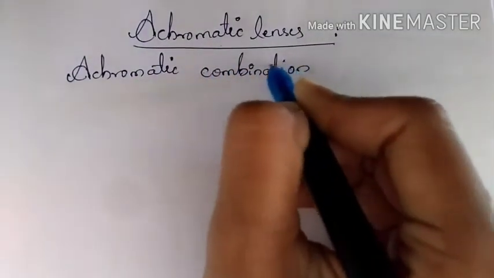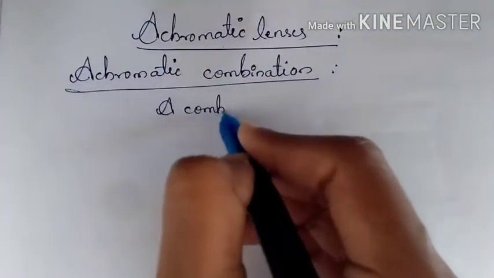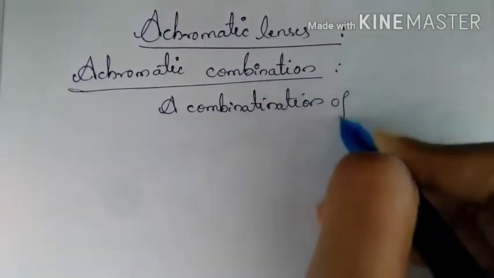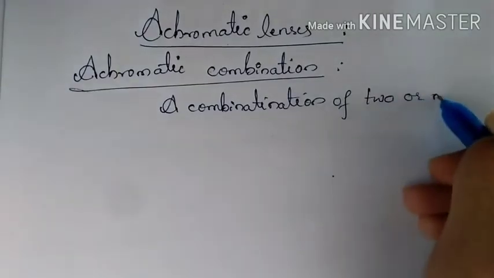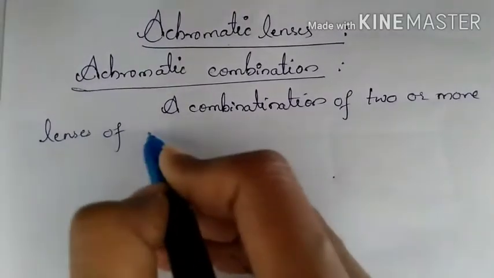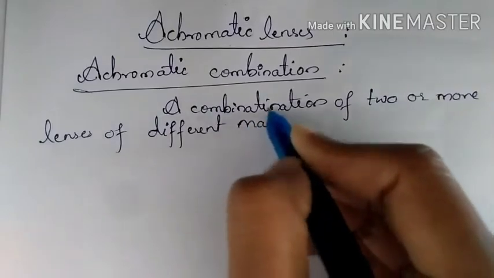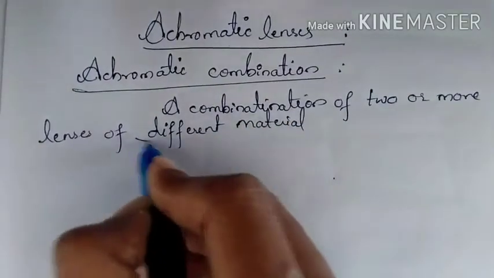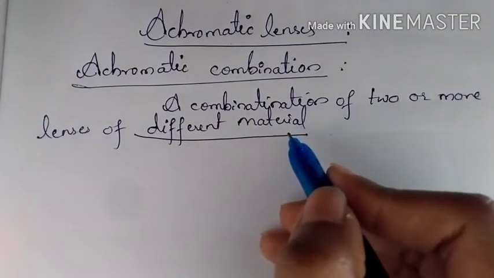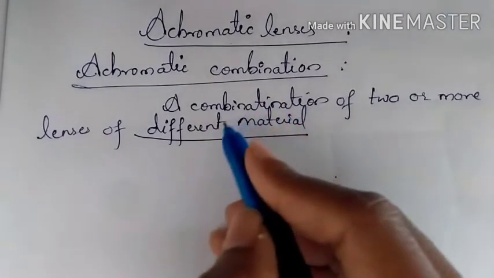So what is an achromatic combination? It is a combination of two or more lenses of different material. Here we are using different materials to form the achromatic combination. We cannot use lenses of the same material.